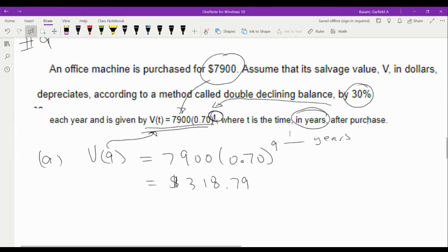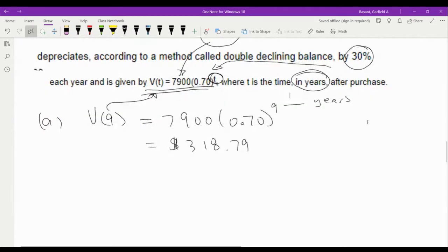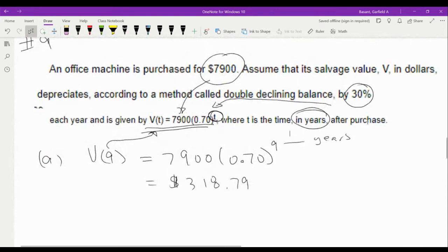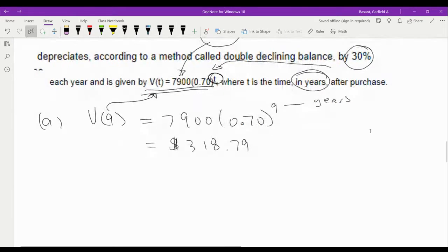All right, so we probably don't want to round to 1 decimal place since it's dollars and cents. So 318. So after 9 years, this is the value.